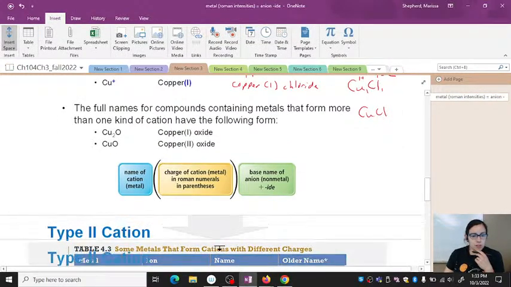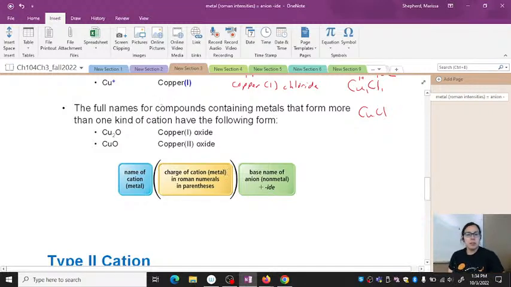And so here's another example. We have copper(I) oxide versus copper(II) oxide. This time they wrote out the formulas, but again, let's just practice. Copper(I) oxide, so 1 plus versus a 2 minus. You could do your swap trick, and that gives you Cu2O, just like they did here.